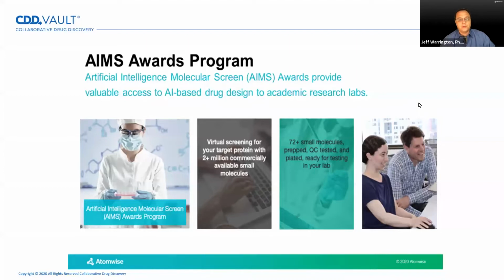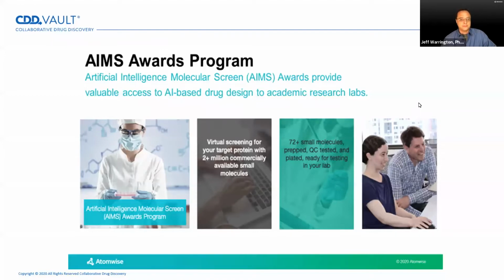Through this program, we work with researchers to design a virtual screen of millions of commercially available compounds and then procure them. With many of these collaborations reporting back now, we're happy to report an overall 75% success rate in terms of finding small molecules that our collaborators qualify as worth pursuing.